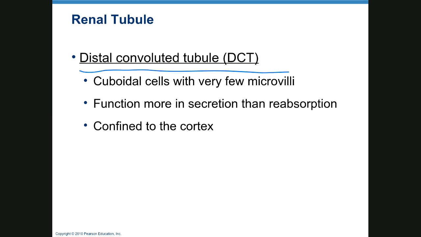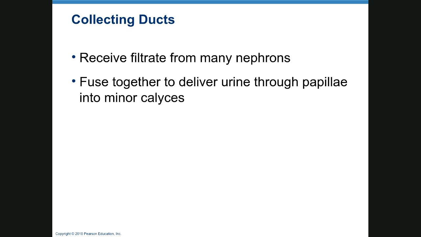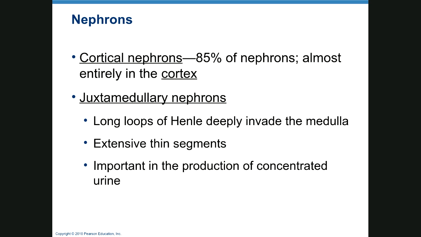Convoluted means twisty-turny. And that's the last part of your tubule. The collecting ducts receive filtrate from the nephrons, fused together through papillae to form minor calyxes, which go into major calyxes, which go into the renal pelvis.